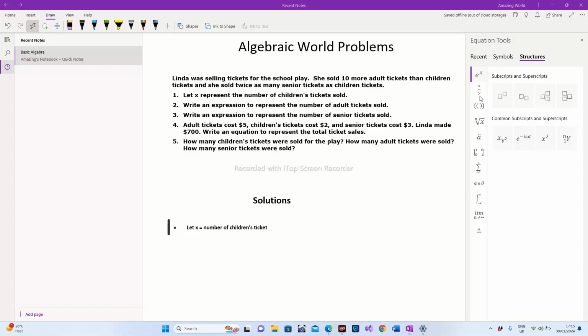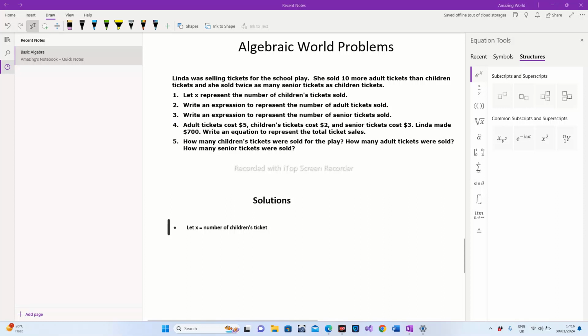So today our word problem states that Linda was selling tickets for the school play. She sold 10 more tickets for adults than children, and she sold twice as many senior tickets as children's tickets. Now we are asked to let X represent the number of children's tickets sold. Then we are asked to write an expression to represent the number of adult tickets sold.